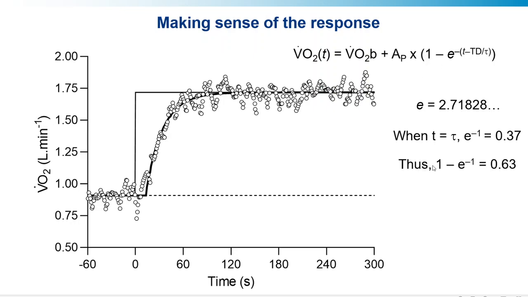And so therefore 1 minus e to the minus 1 is 0.63, which means that everything in these parentheses simply collapses to 0.63. So when time is equal to the time constant, we are multiplying the amplitude by 0.63, so we've reached 63% of the final amplitude, and that is what the time constant is all about.